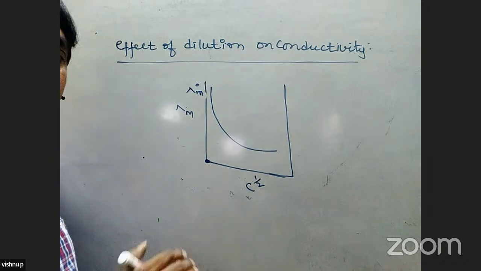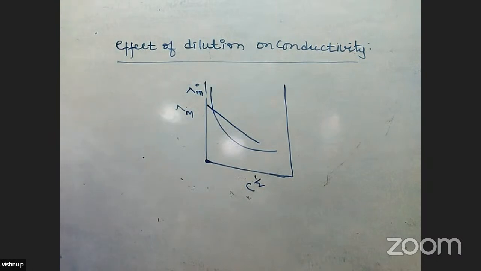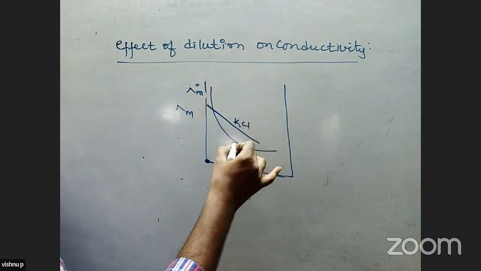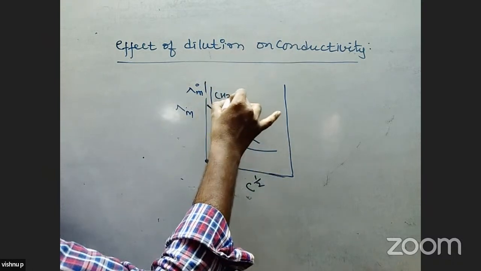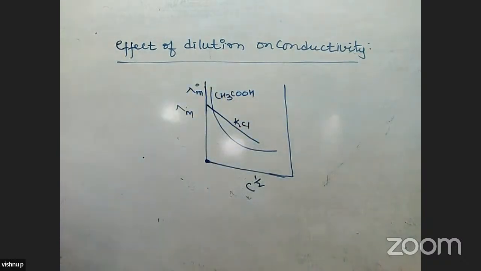At infinite dilution the ions are completely dissociated for a strong electrolyte. But for a weak electrolyte like CH3COOH, it is difficult to find out molar conductivity, because even at infinite dilution it is not possible to dissociate completely.